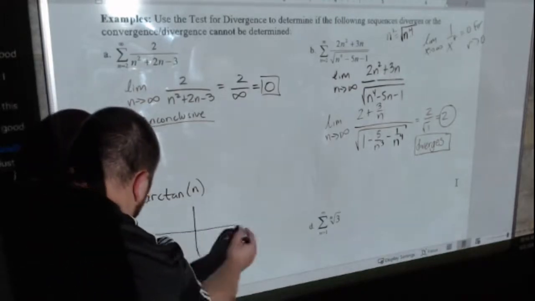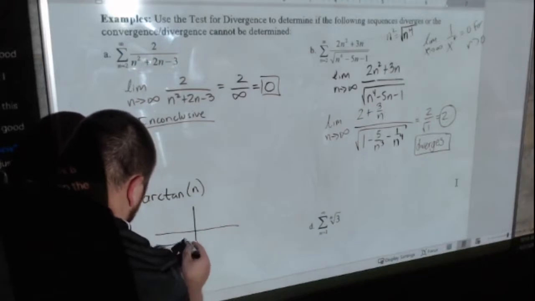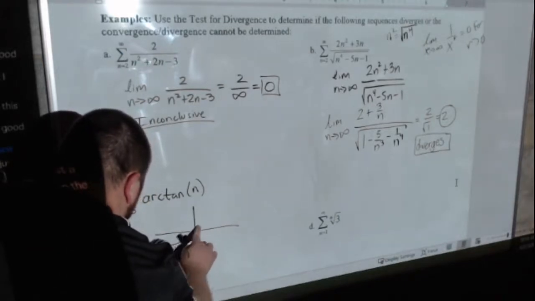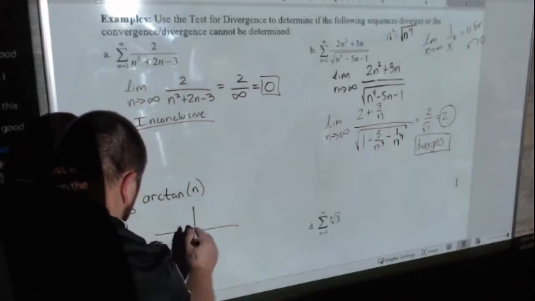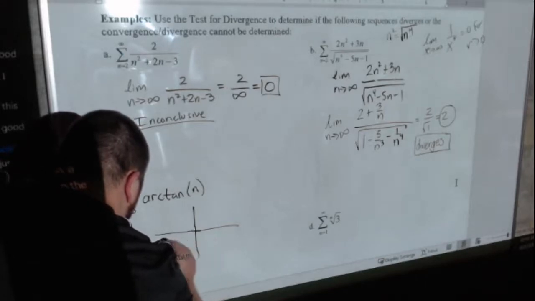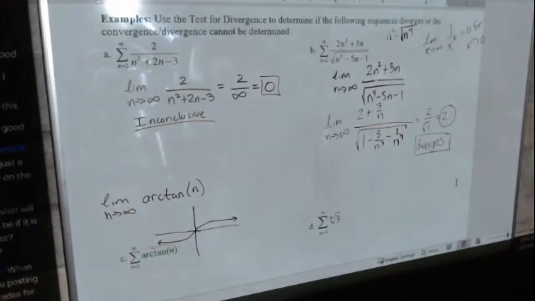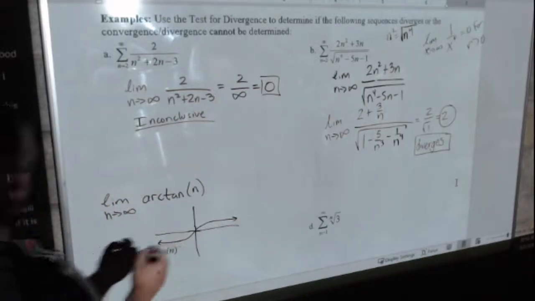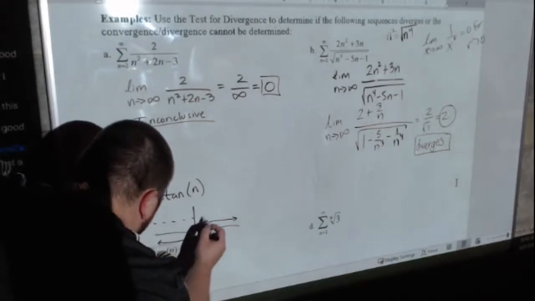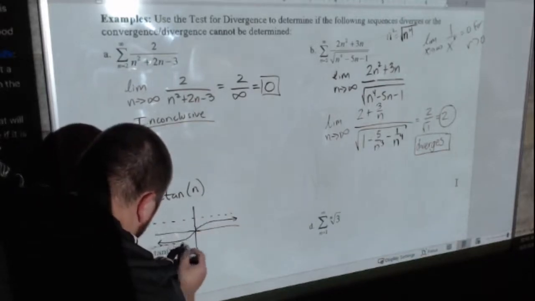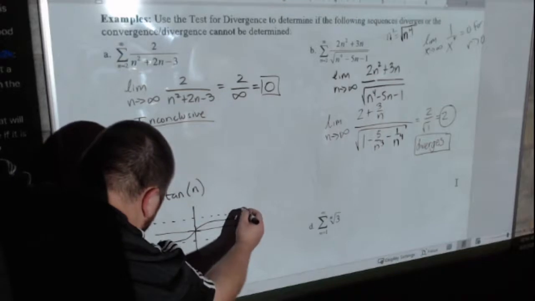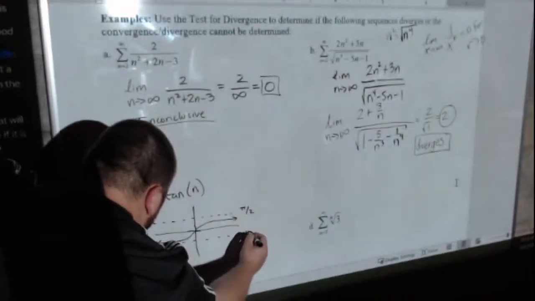If we do that, arctan looks something like this. Gotta go through the origin there. And it has an asymptote on top and one on the bottom, and these occur at pi over 2 and minus pi over 2.